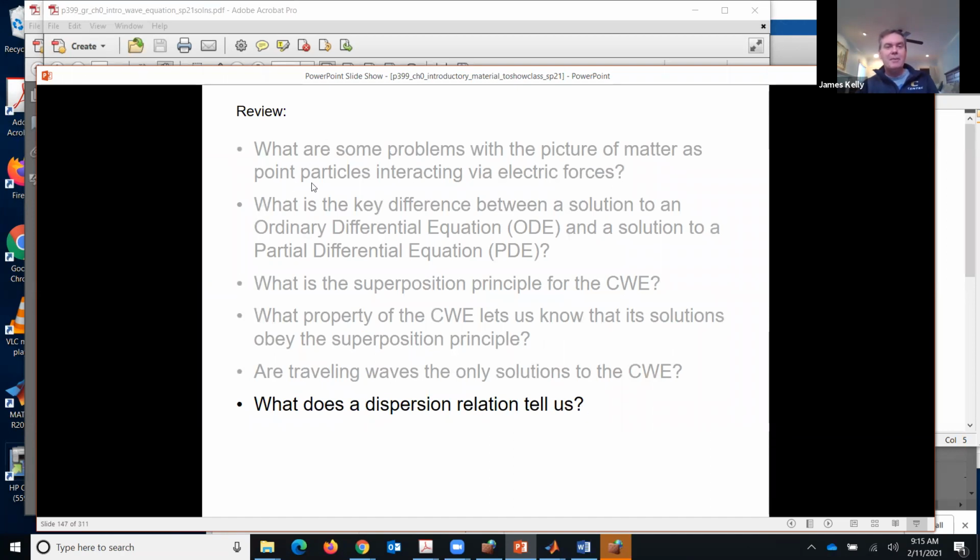I guess I meant to start with a big review of everything that we were talking about so far, just to bring us back, and somehow I missed these review questions. So the ones that are grayed out here, let's talk them through, make sure we're seeing what the big picture is. We started out talking about problems with the picture of matter made of point particles interacting by electric forces.